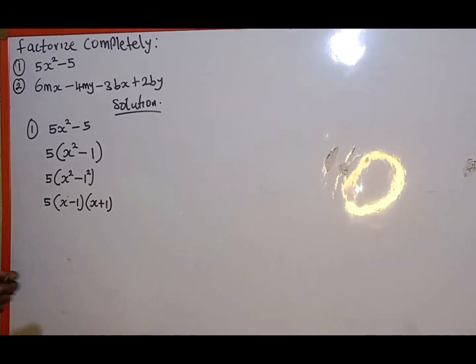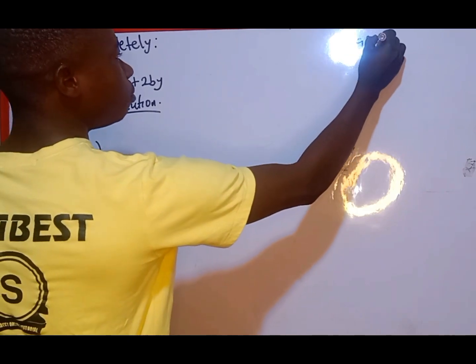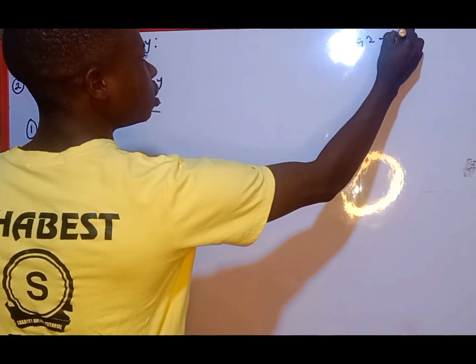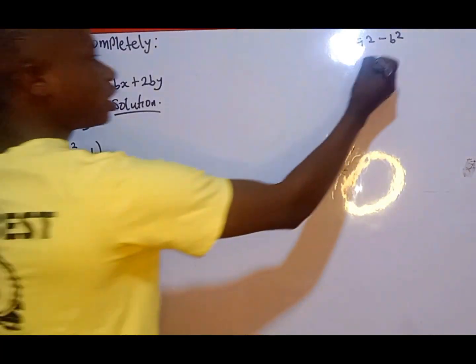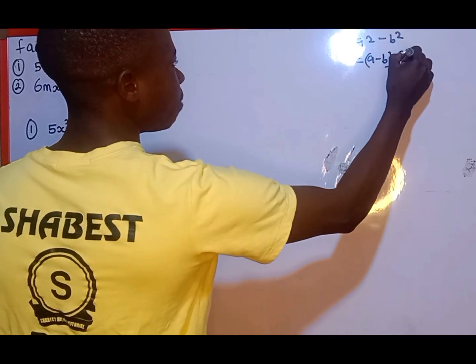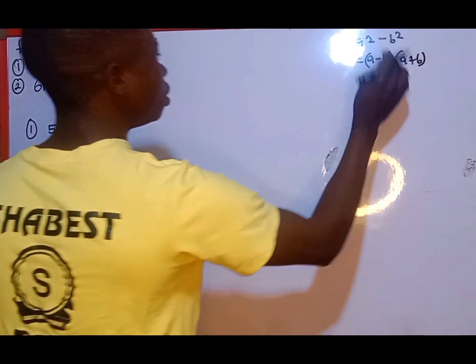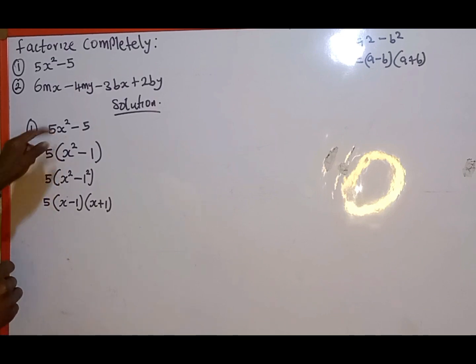If you recall, the difference of two squares, if you have a squared minus b squared, this can be written as a minus b multiplied by a plus b. So we use this rule here. This is the factorization of this expression.